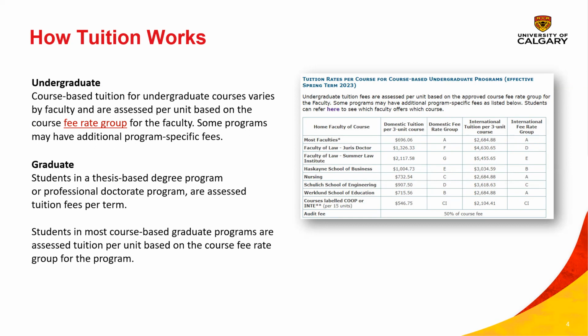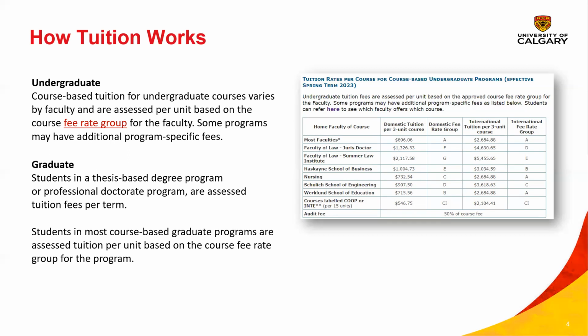Now, graduate students can be in either a thesis-based or a research program or in a course-based program. Like undergraduate programs, course-based grad programs are assessed tuition on the courses that they actually enroll in, based on the fee rate group.